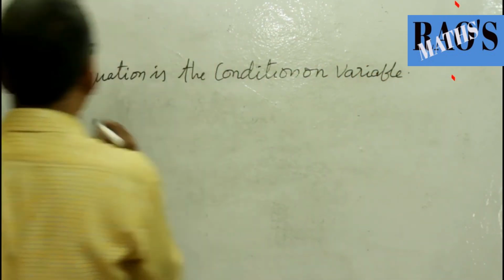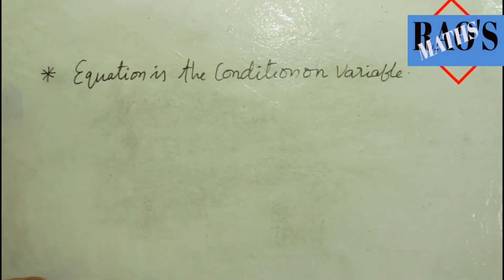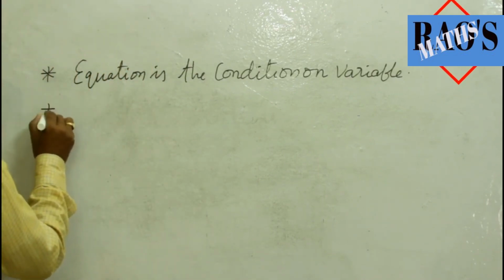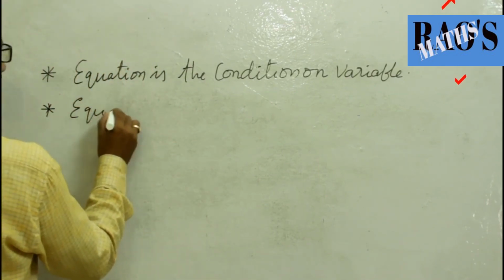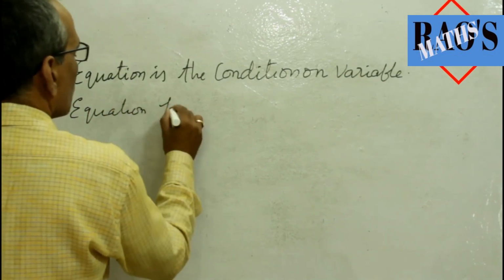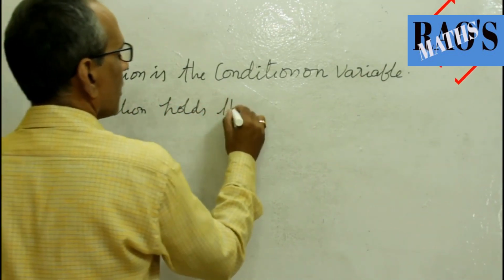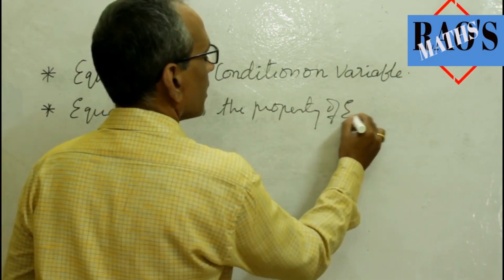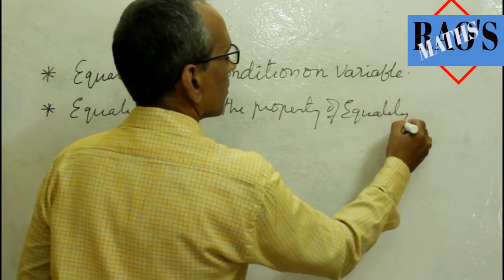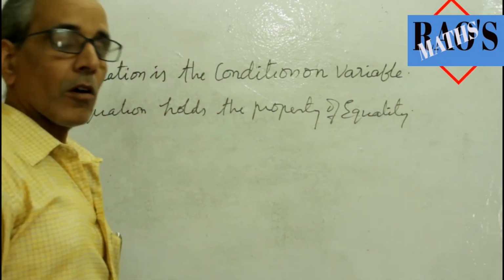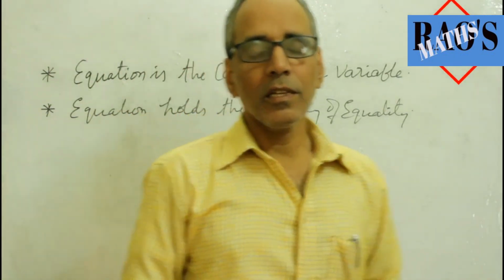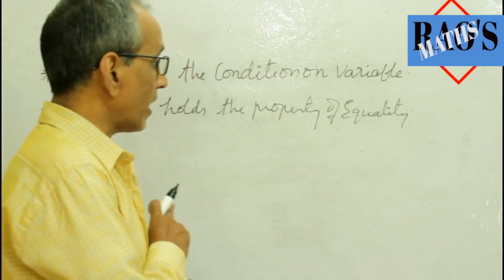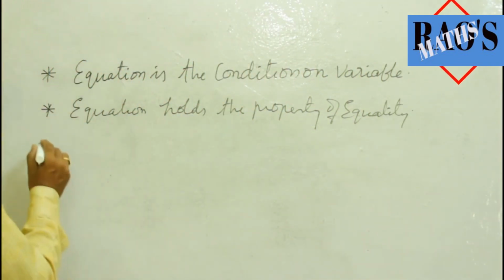If there is no condition on the variable, it becomes an expression because the variable can take up any value. And an equation holds the property of equality, not greater than, not less than, always equal. 2x is equal to 3, 5x is equal to 10, x by 3 is equal to 4, always the equality sign we see in an equation.